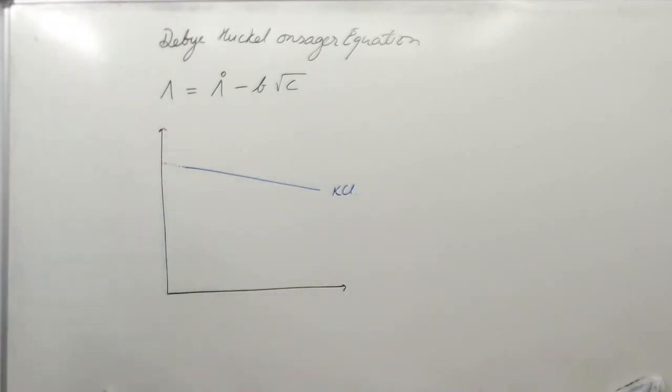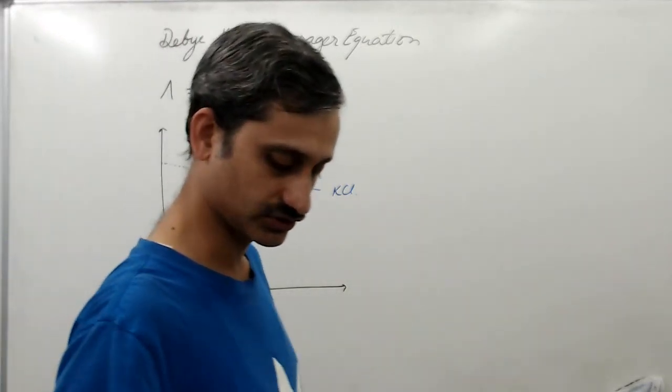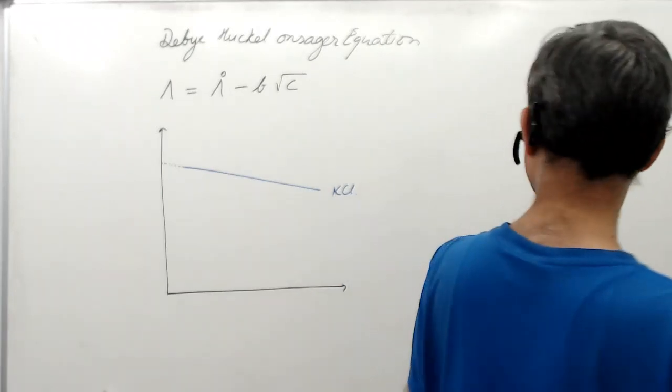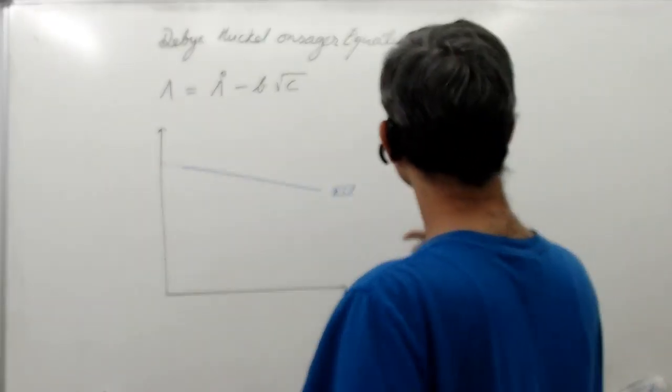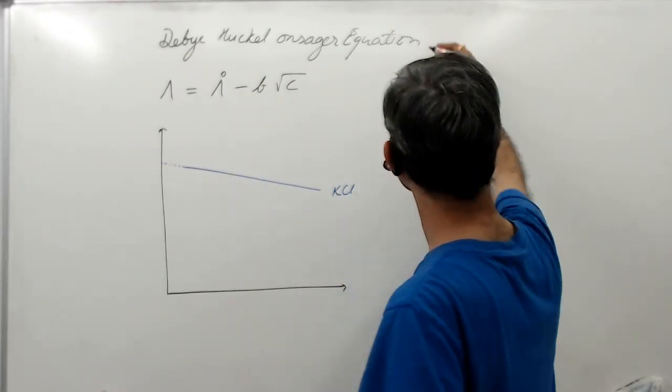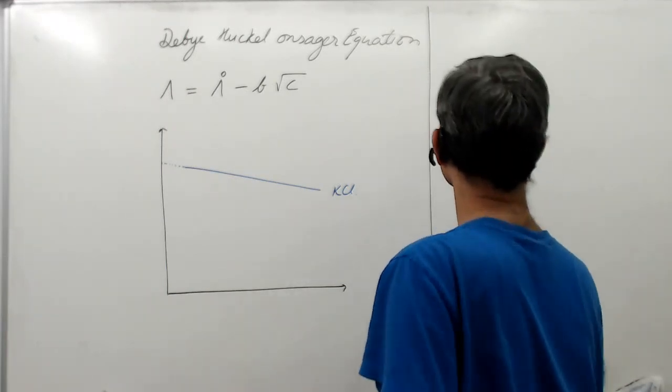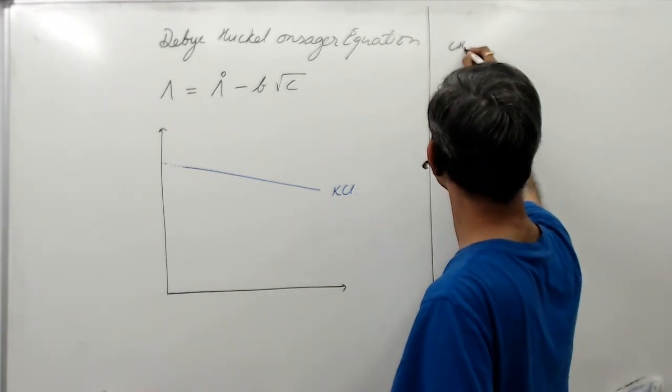This would be the molar conductance of a strong electrolyte, something like potassium chloride. Now, we can even talk about the molar conductance of some weak electrolyte like CH3COOH.